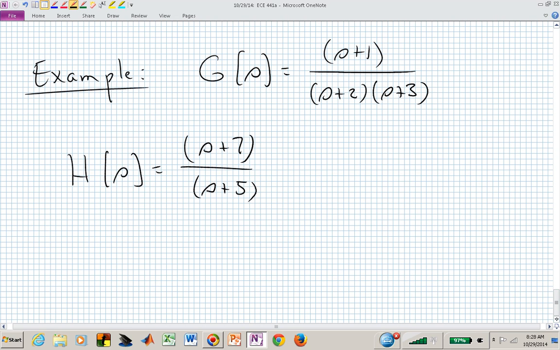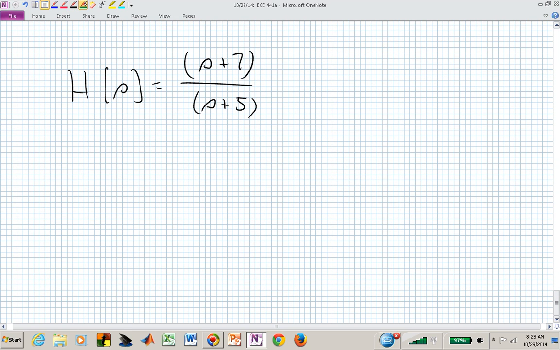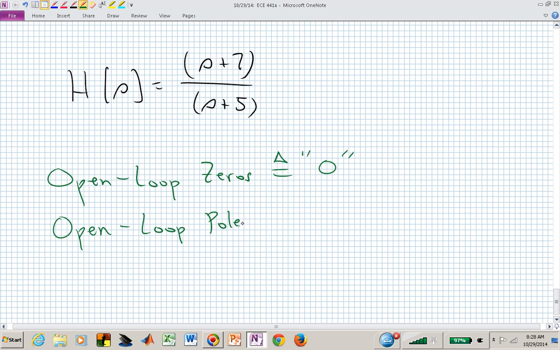We now will label these: the open loop zeros we will indicate by an open 0, and the open loop poles will be x's.